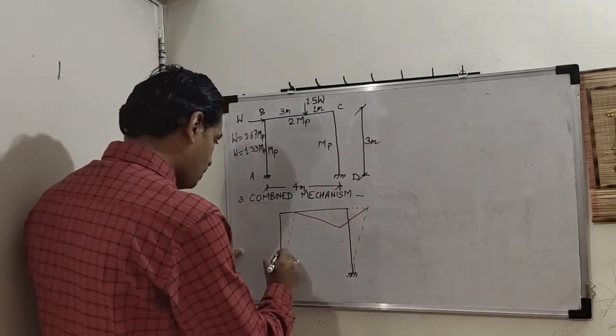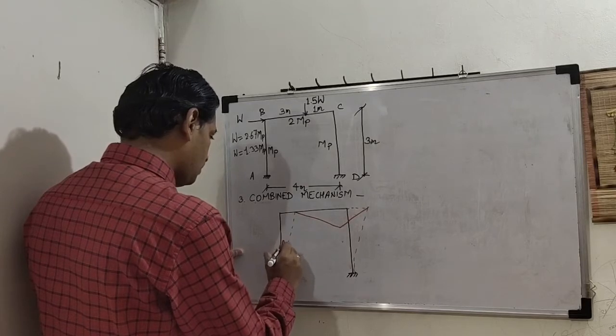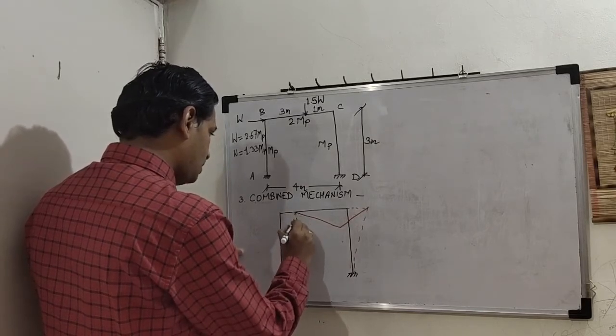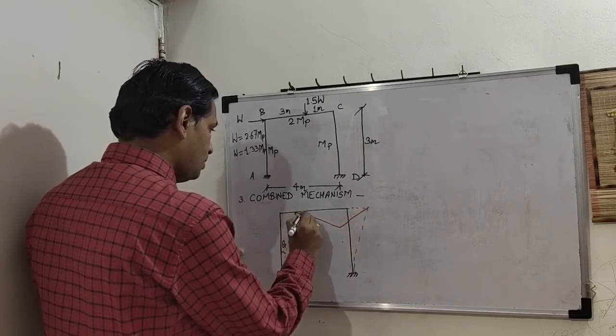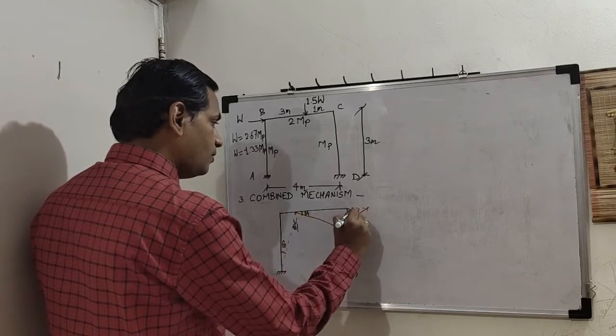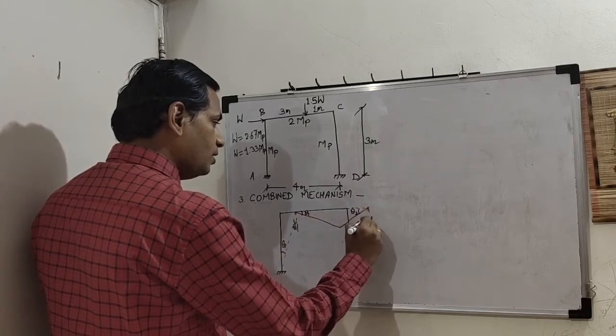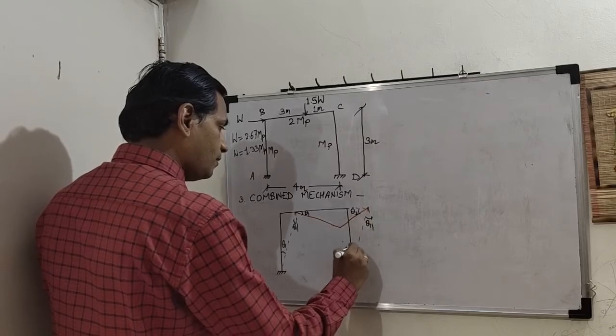We will now assume this as theta 1, this is theta 1, this is theta 1, this is theta 2, this is again theta 1 and theta 1.